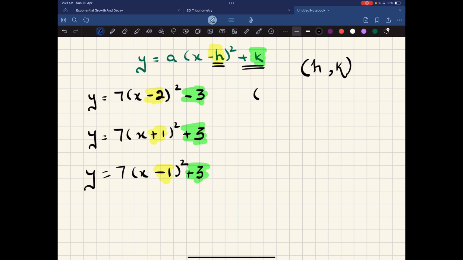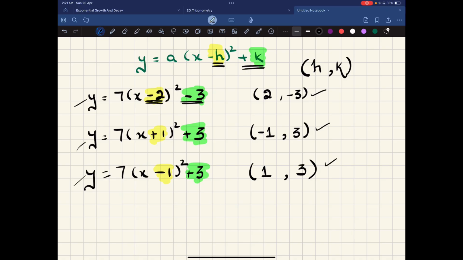So the turning point for the first equation is going to be (2, negative 3). In this case, we have a positive 1, so this will become a negative 1, positive 3. In the third case, negative 1 will become positive 1, and positive 3 would remain as positive 3. So these are the turning points for these quadratic expressions which have been converted into completing square form.